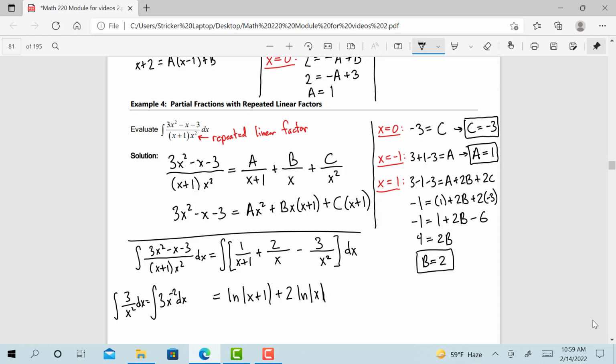And then you just use the power rule on it. So if you add 1 to that, you get negative 1. There's already a negative there. So this is going to be what? Positive 3 over x plus C. And that's our answer.